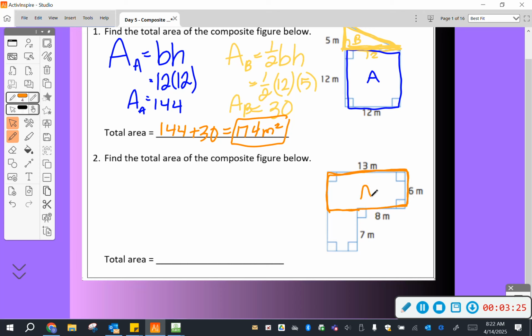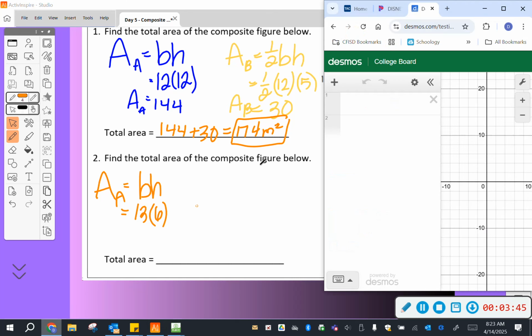A rectangle. So the area of shape A, we're going to do base times height. What is my base? 13. What is my height? 6. And what is 13 times 6?